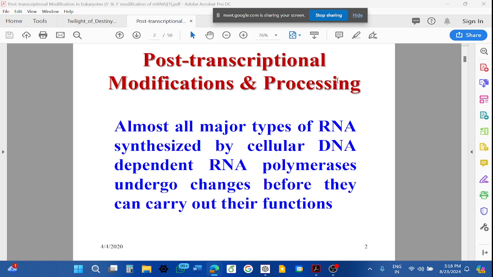Almost all major types of RNA synthesized by cellular DNA depend upon RNA polymerase, and these undergo changes before they can carry out their functions.